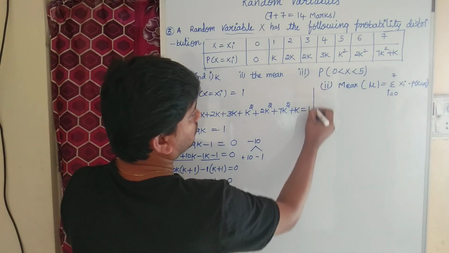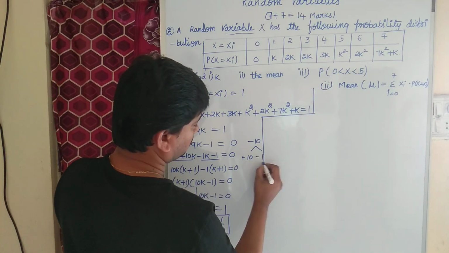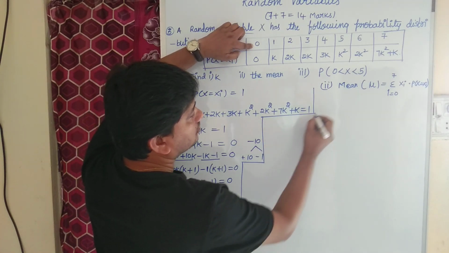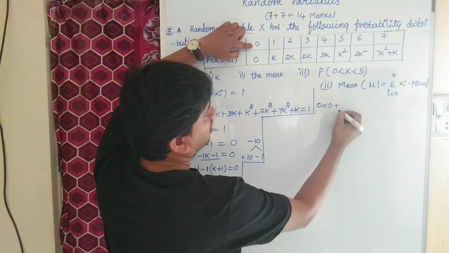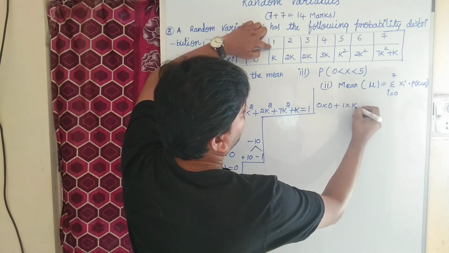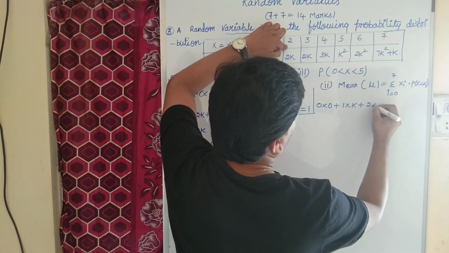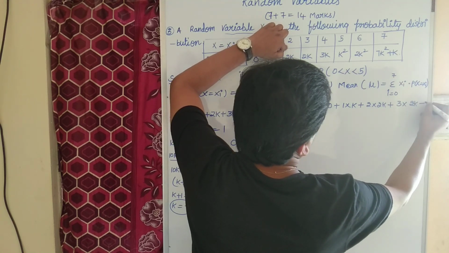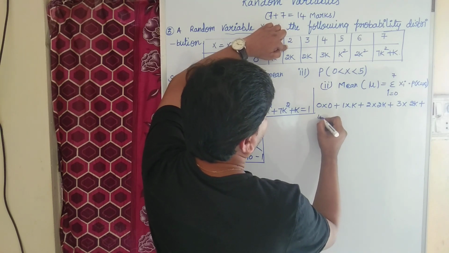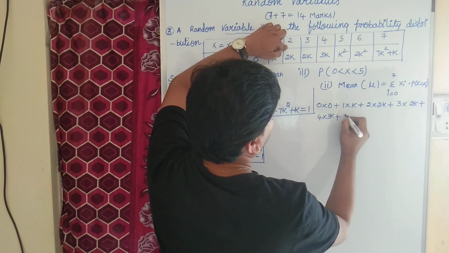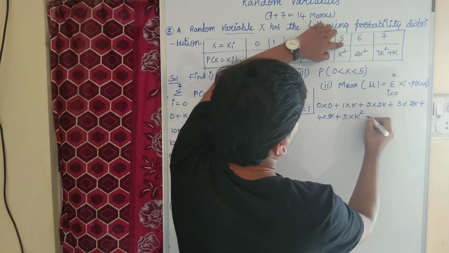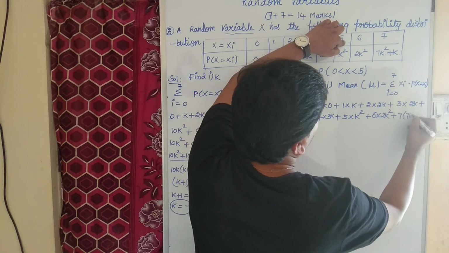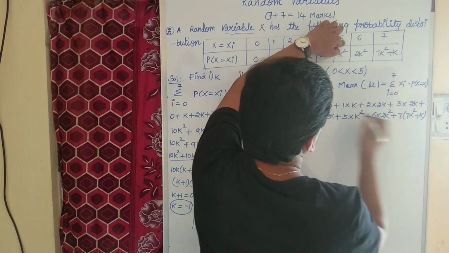Now, 0 into 0 plus 1 into k plus 2 into 2k plus 3 into 2k plus 4 into 3k plus 5 into k square plus 6 into 2k square plus 7 into 7k square plus k.